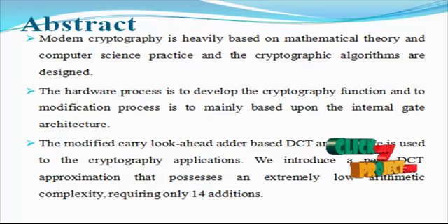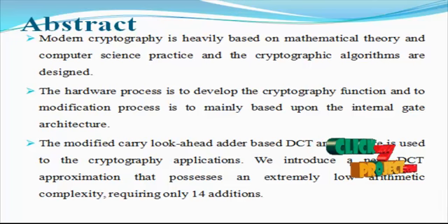Such approximations can be realized in digital VLSI hardware using addition and subtraction only, leading to a significant reduction in chip area and power consumption compared to the conventional DCT and integer transform.